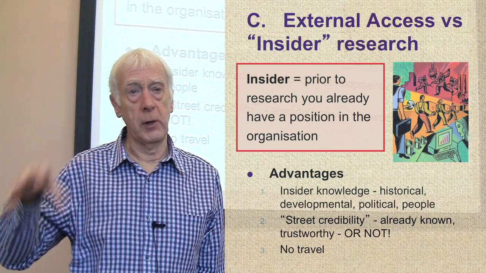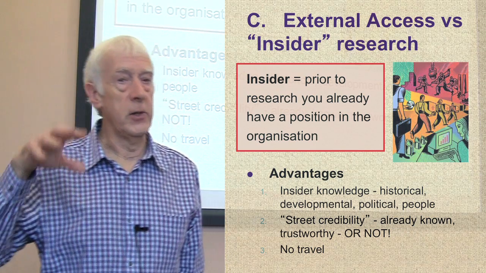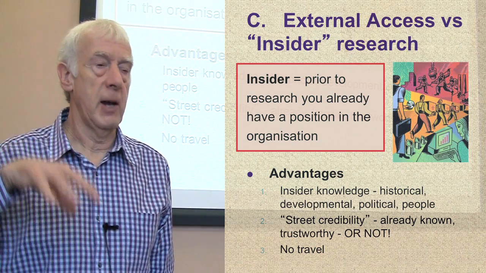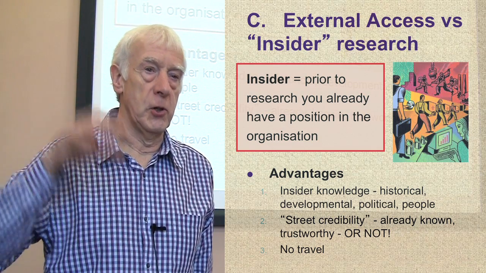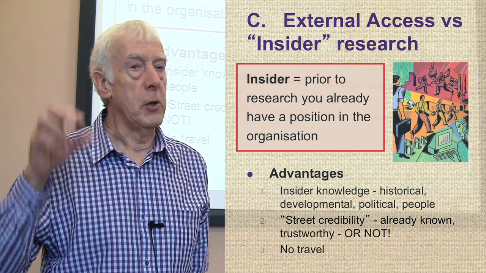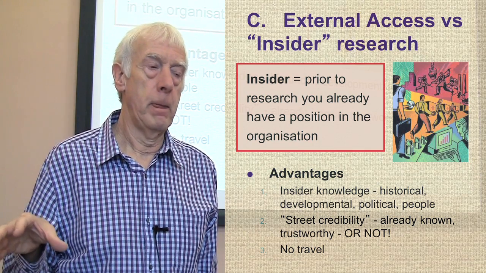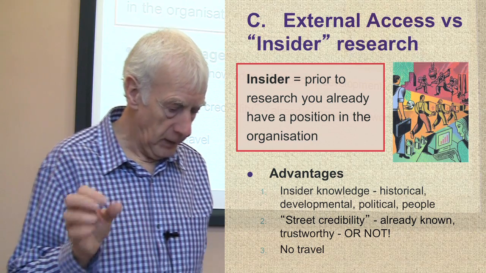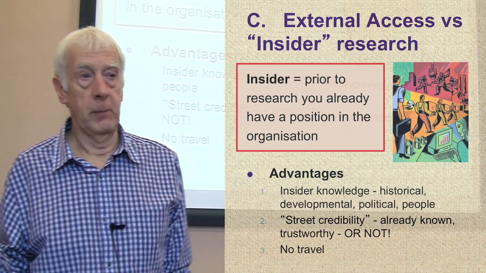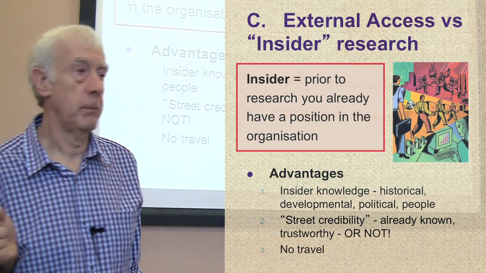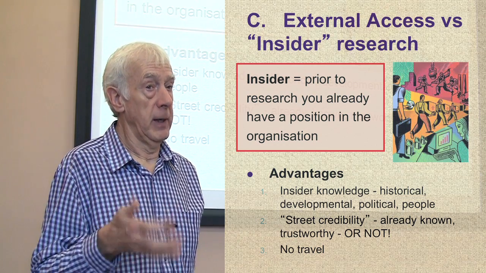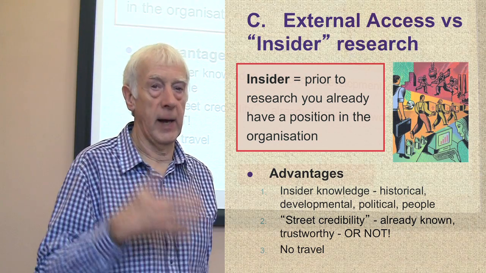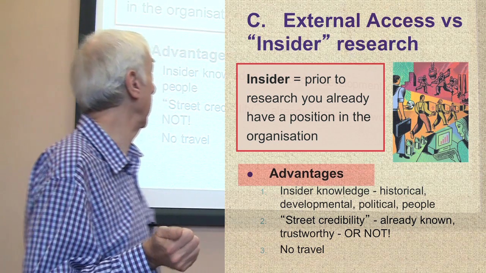What are the pros and cons of being an insider, that is doing research on some body or some institution or some setting that you are already a member of? You work there, you go there, you're one of those kinds of people, as against being an outsider, being external to it in that sense. And there are big advantages to being an insider because it gives you that kind of familiarity and access and so on that you get.